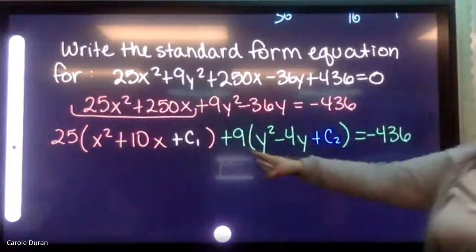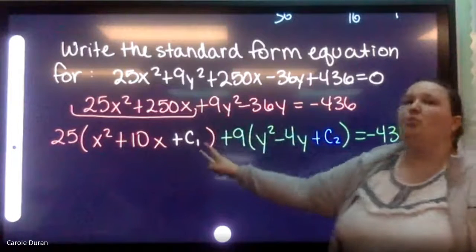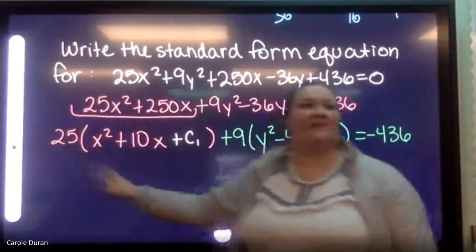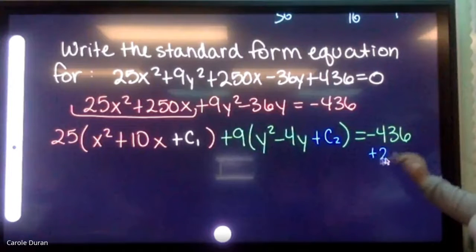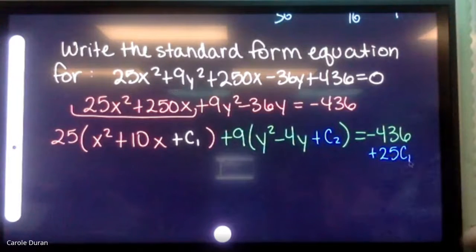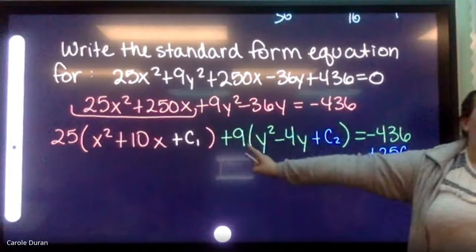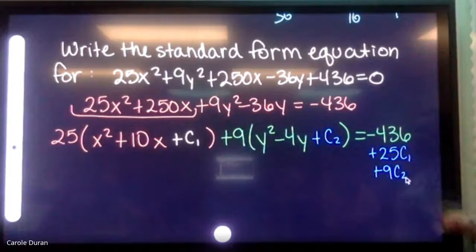And what I do to one side, I also have to do to the other, with one catch. Because C1 went into a parentheses with an undistributed 25, that 25 is now attached to the C1 and has to be left with it when added over to the other side. The same thing applies for the C2. It has a 9 attached to it, so that 9 has to be added over with the C2 on the right-hand side.